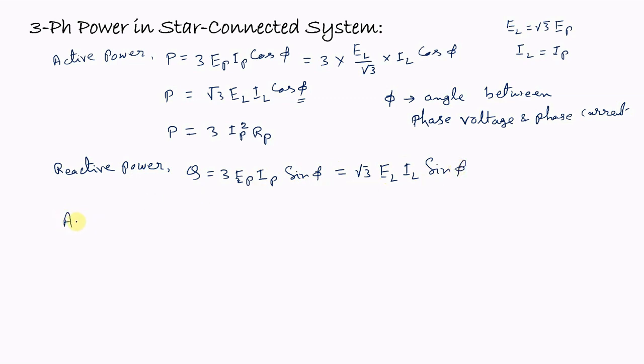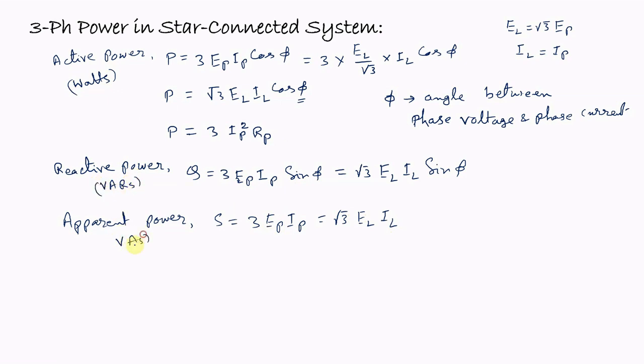And similarly, the apparent power is equal to 3 phase voltage, phase current, or it can be written as root 3 line voltage and line current. So the units we have already discussed previously. The unit of active power is watts, the unit of reactive power is volt ampere reactive, and for apparent power it is volt ampere.